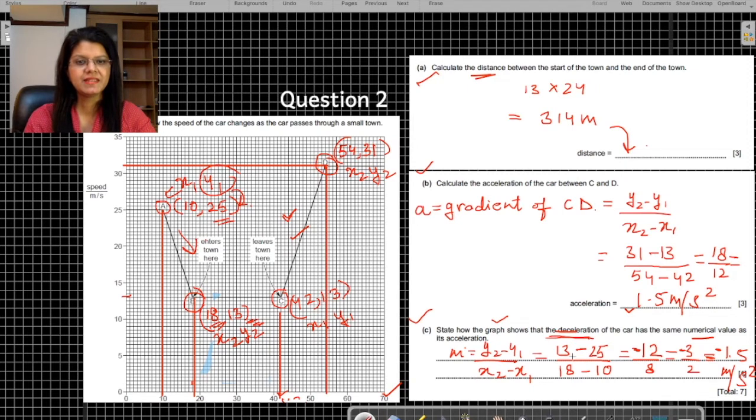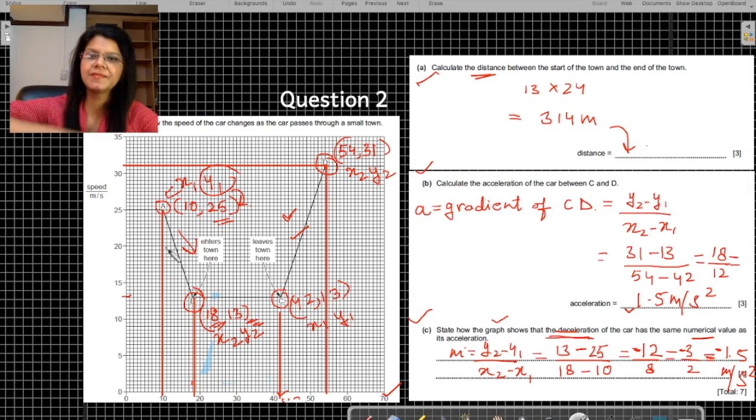In the numerator, you are subtracting a bigger number from a smaller number. 13 minus 25 is minus 12, so the answer is negative. Why is it negative? Because the line is going down.